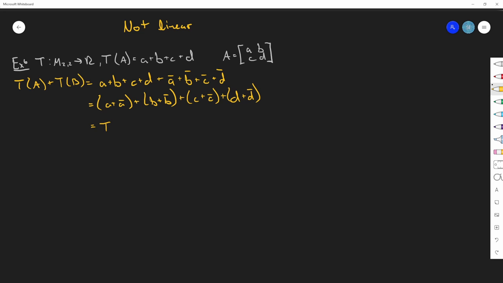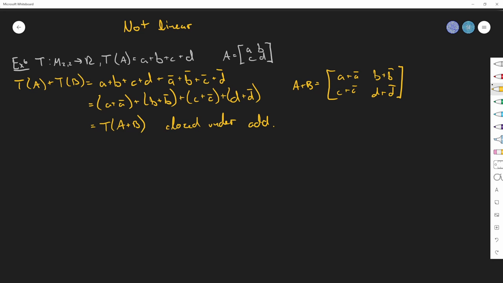This gives you T of A plus B. So yeah, this is closed under addition, because A plus B would just be A plus A bar, B plus B bar, C plus C bar, and D plus D bar.